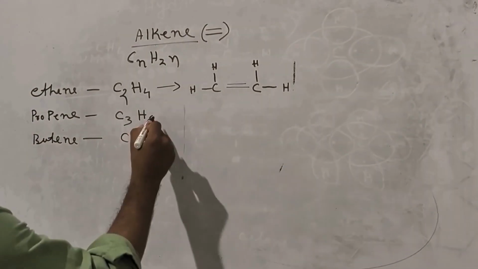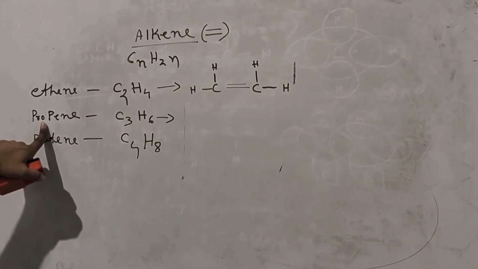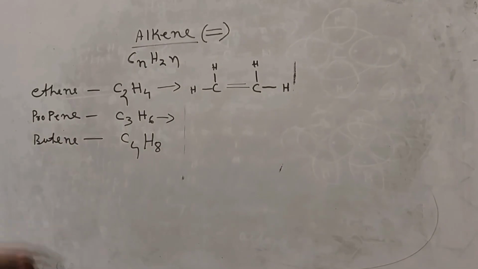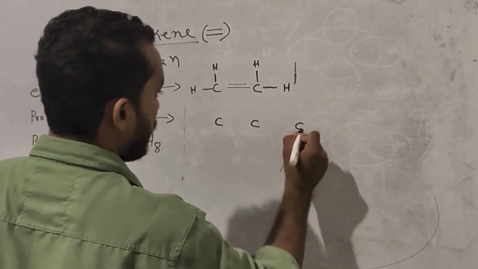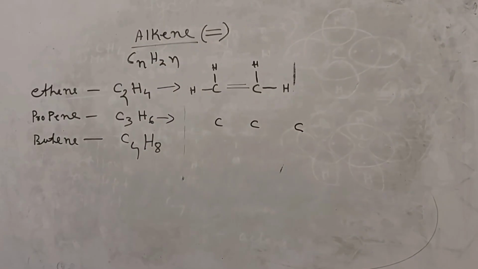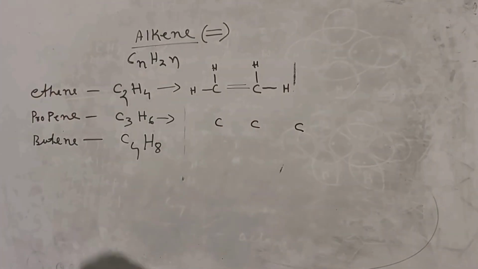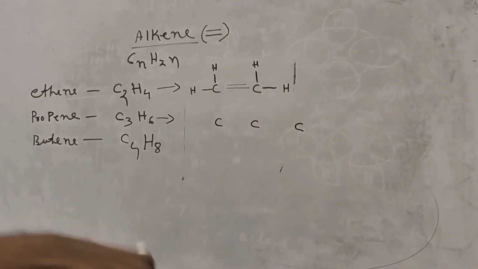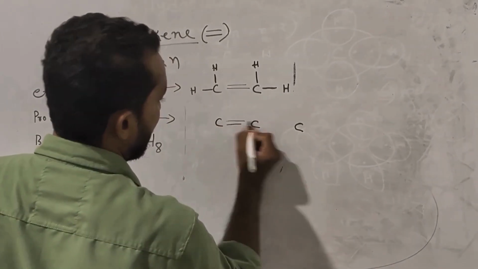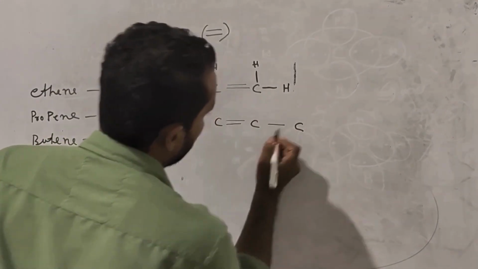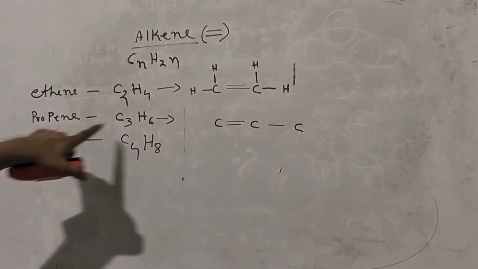Now let me draw propene. Pro means how many carbons in a carbon chain? 3 carbons. So you give 3 carbons in this way. Now I cannot put a double bond everywhere between the carbon atoms; at least in one place I have to place the double bond, and here I have to give a single bond. The total number of hydrogens in propene is 6.